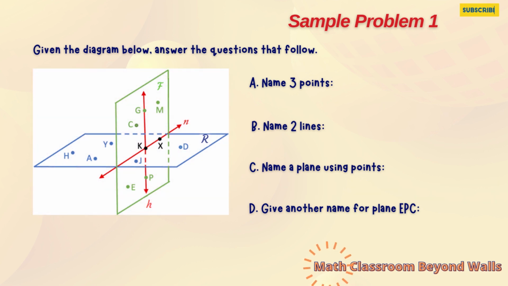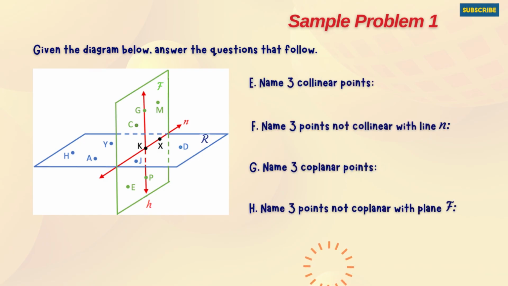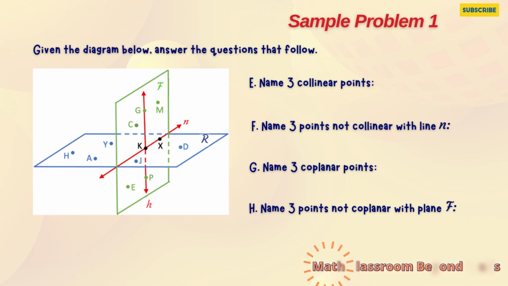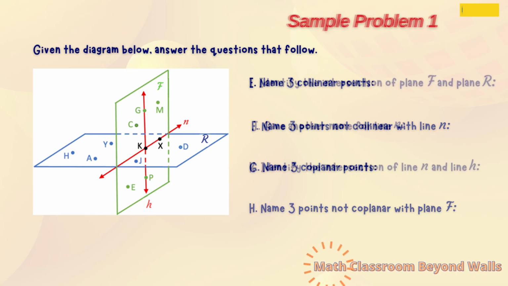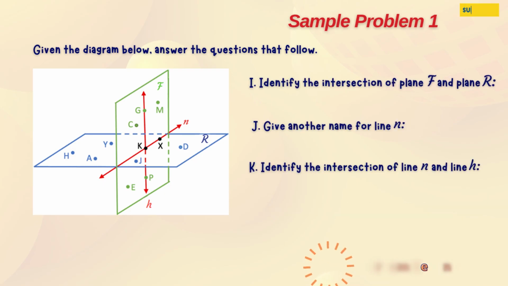This is how we will answer the problem. We will deal with the questions one after the other, determine what each question is about, identify the key concepts that relate to the question, and apply the concept in determining the answer with the use of the diagram.